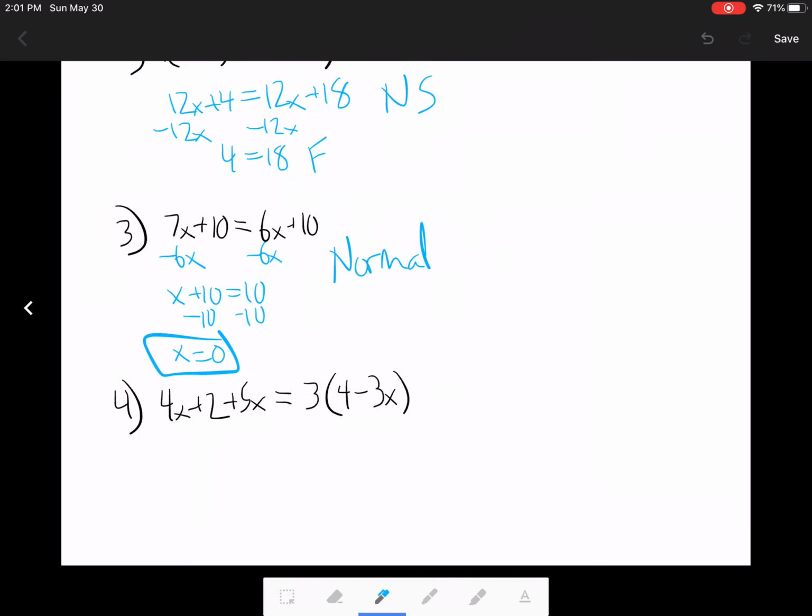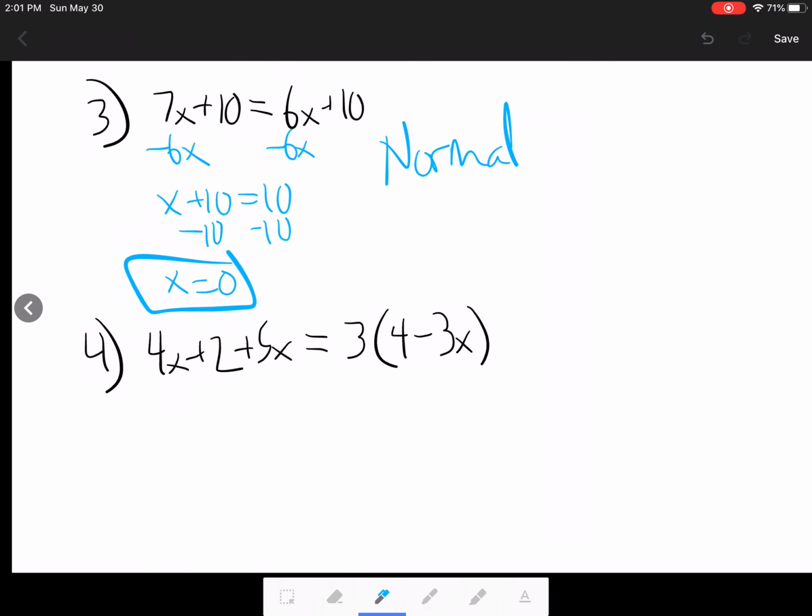Finally, let's take a look at this guy. So here, combine our like terms, we have 9x plus 2 distribute is equal to 12 minus 9x. And here's where we need to be careful. A lot of students are going to see negative 9x, positive 9x, and be like, ha, they cancel each other out, and we're going to have a no solution problem because 2 doesn't equal 12.